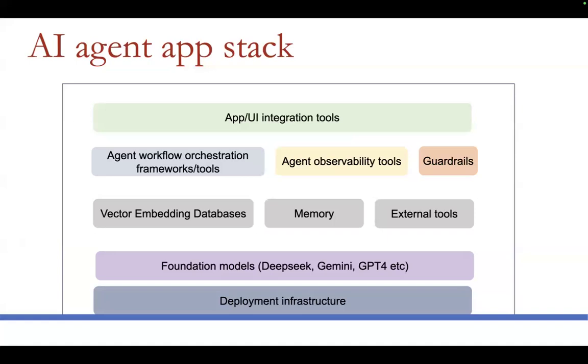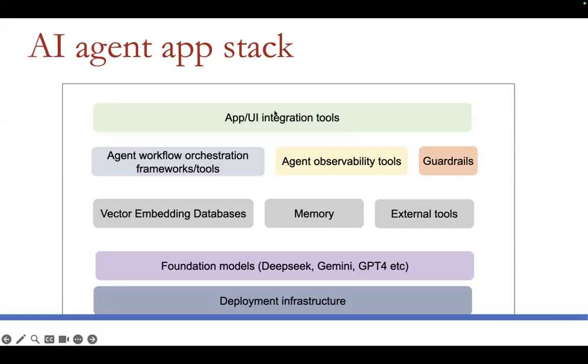Or it's generating text that is starting to hallucinate, and we don't want that to be shown to the user. So these guardrails come in, where before it's shown to the user, there's a check to make sure that it is not going off track. So those are the guardrails.